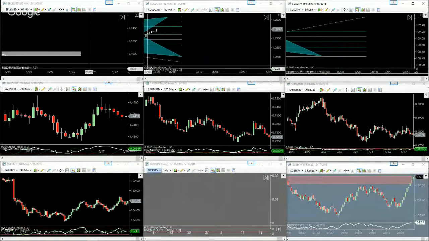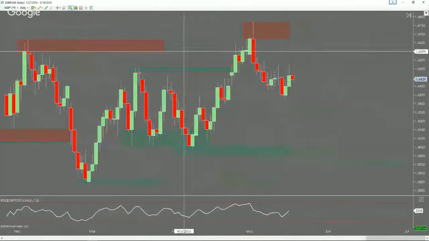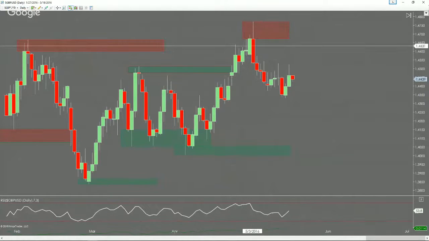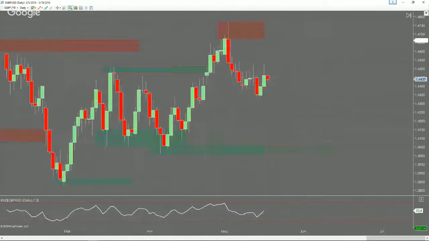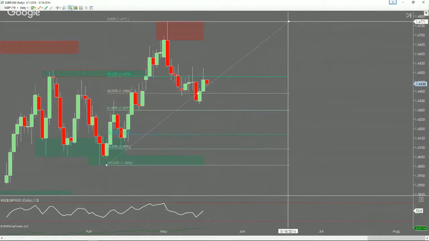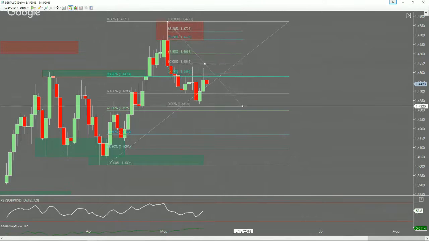Next one we have is pound dollar. All right, the pound dollar we have. We just got this new high right here, and we're getting higher lows as well. If price does come back down, let's check our ratios first.